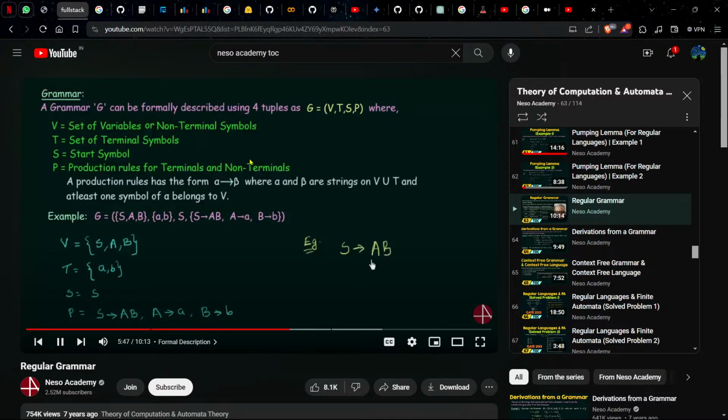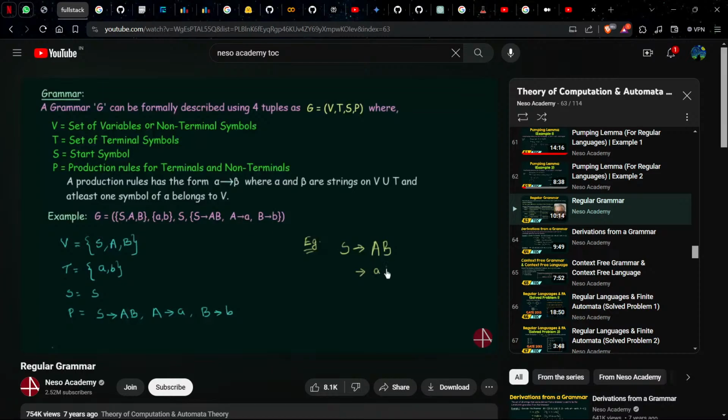Then we also have in the production rule that A gives small a. So instead of this big letter A, I can write small a because A gives small a, and this B also gives small b. So instead of this B I can write small b by this production rule. So we get a string ab.